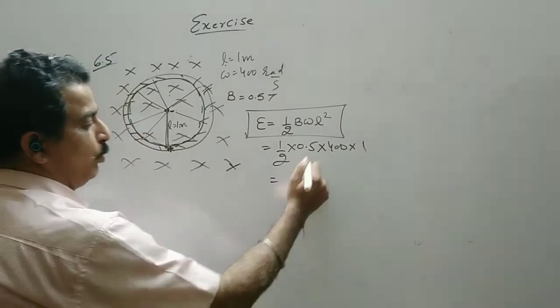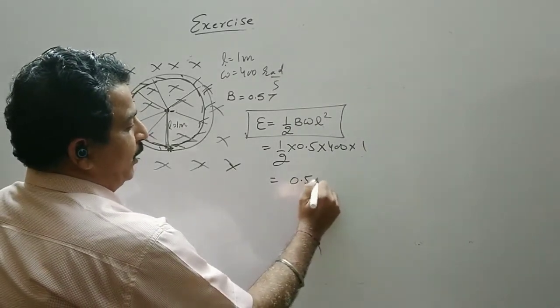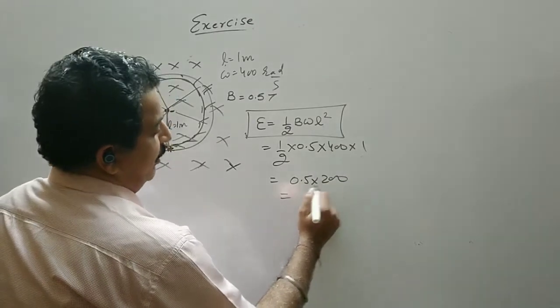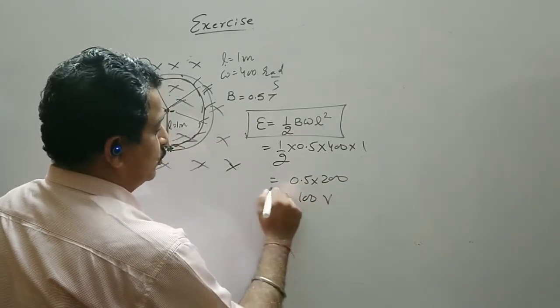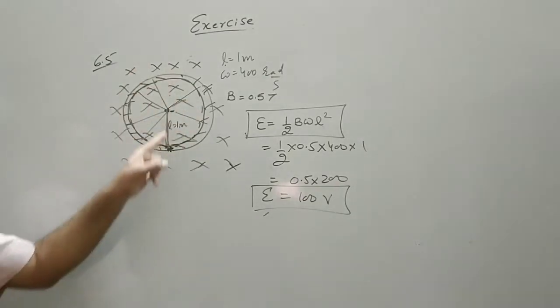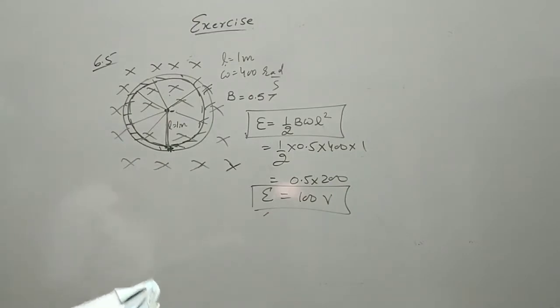So this will be directly 0.5 into 200, that is 100 volt. So EMF developed is equal to 100 volt. This is 100 volt between the ring and the center of the ring. Question number 6.